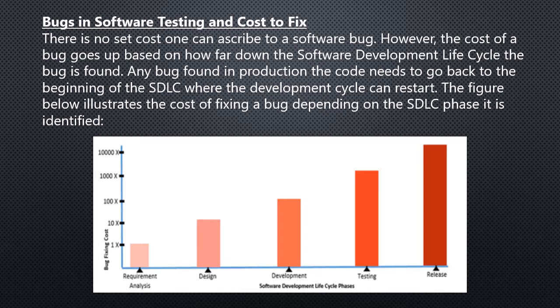The figure below illustrates the cost of fixing a bug depending on the SDLC phase in which it is identified. Now you can see here, if the bug is found in the initial stage, the cost is less, and as the process goes on, the graph increases, that is the cost of the bug fixing.